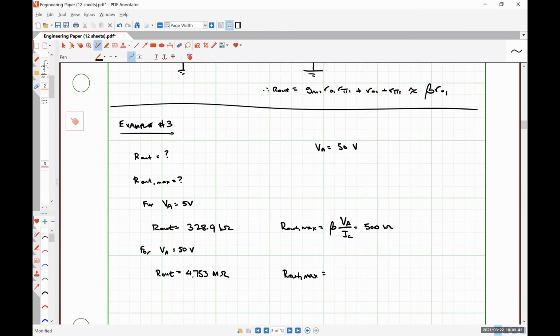And R out max comes out to be 5 mega ohms. So having a larger early voltage caused it to go from roughly 67% up to 95%, right? So the bigger early voltage transistors we can pick for our circuits gives us the most boost to our output resistance. All right.